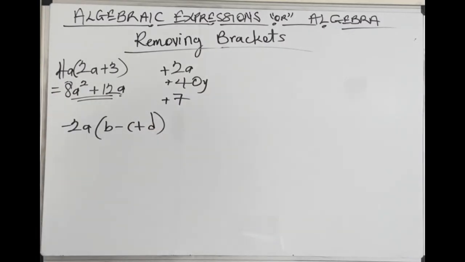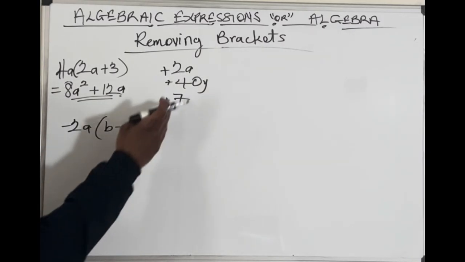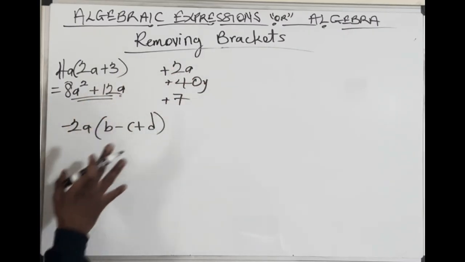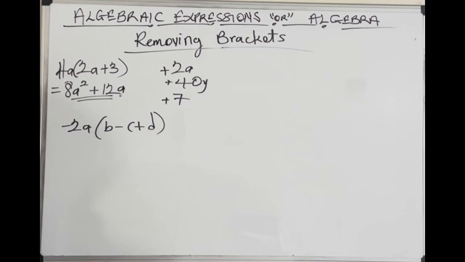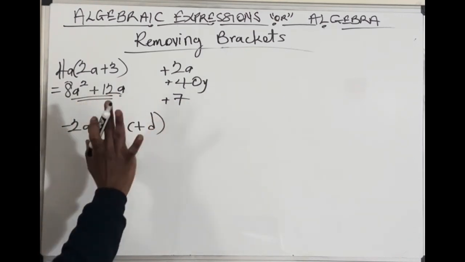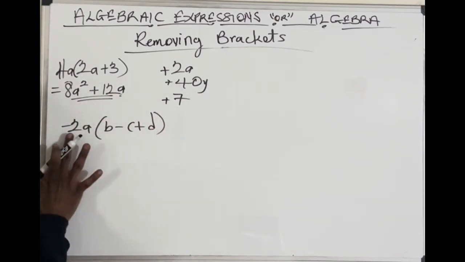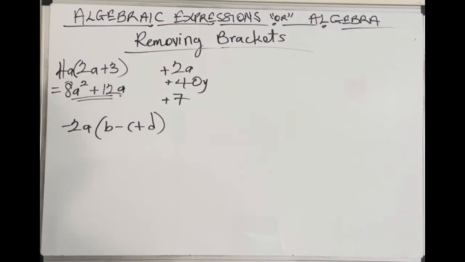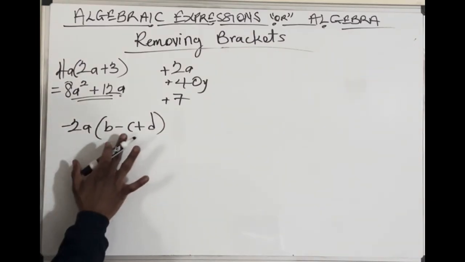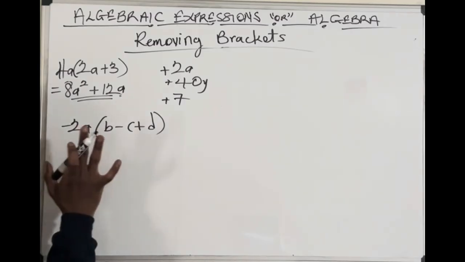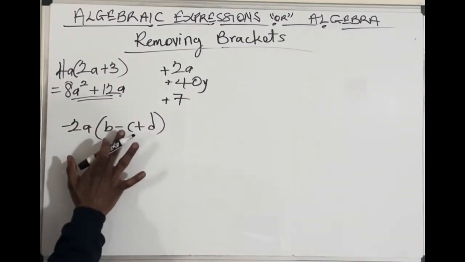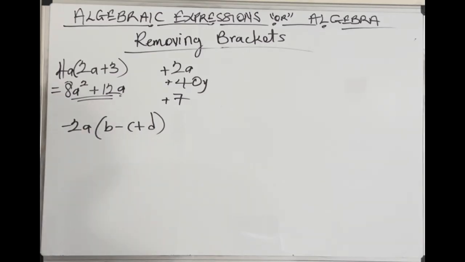What we are saying is when there is any number and there is no sign, there is an addition sign attached to it. But any number that has a negative sign and is used to multiply a variable or a number inside the bracket, know that that sign will change.